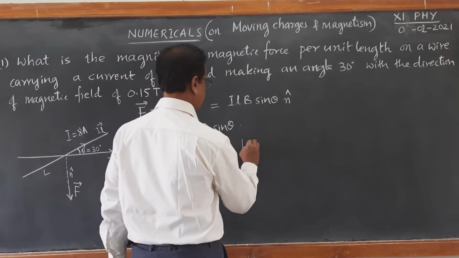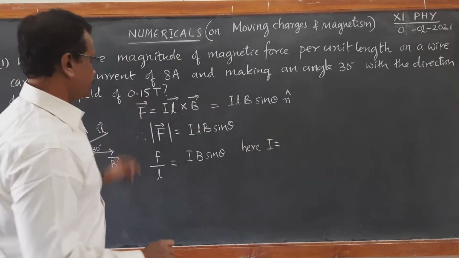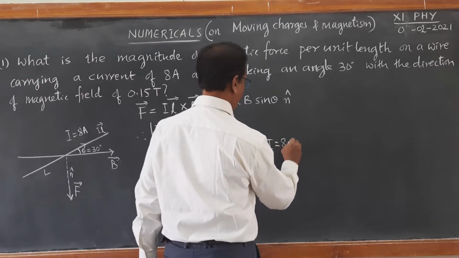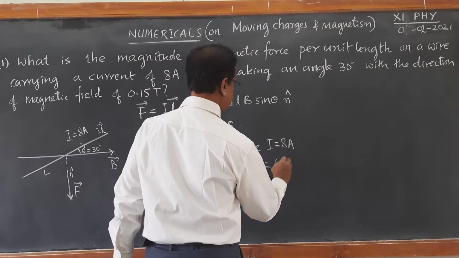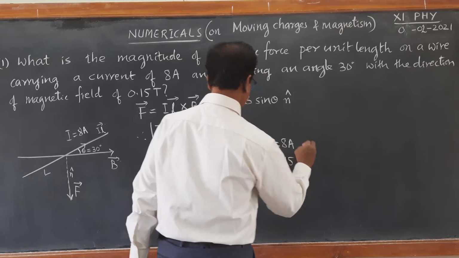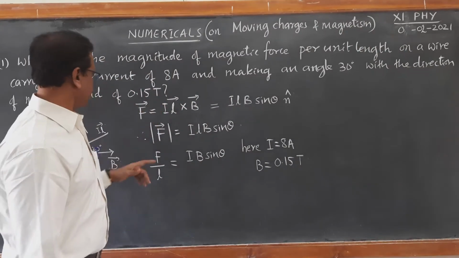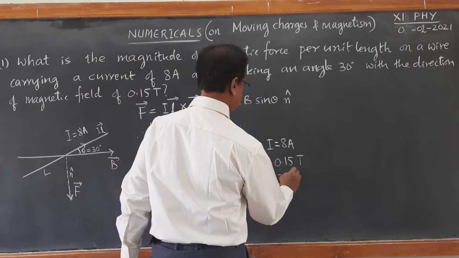Here, the current I is given, 8 amperes. Magnetic field B is equal to 0.15 Tesla. Theta is 30 degree. So it's a very simple problem.